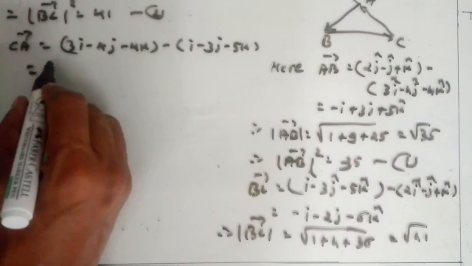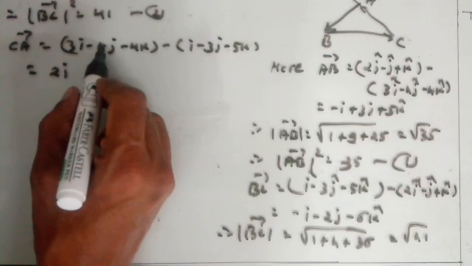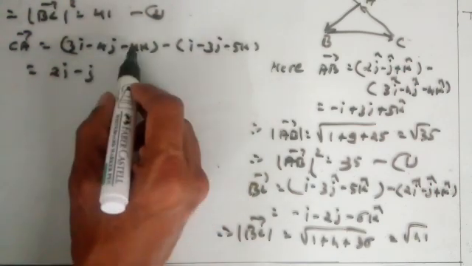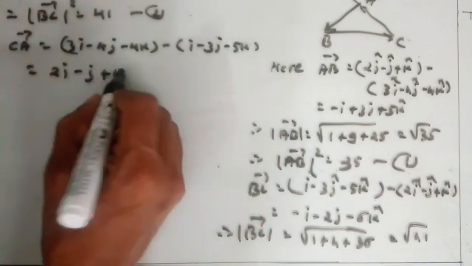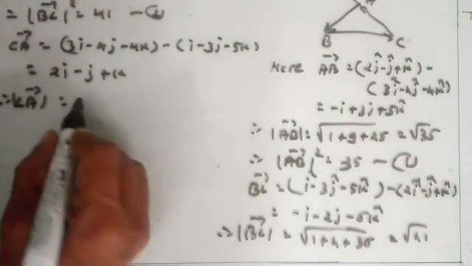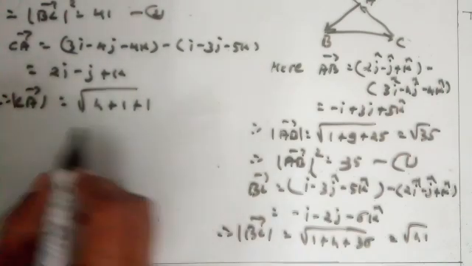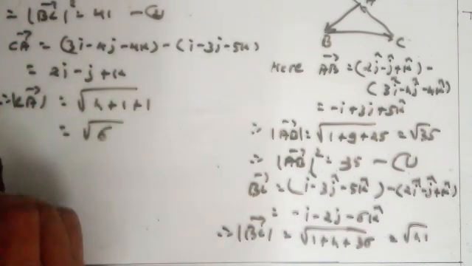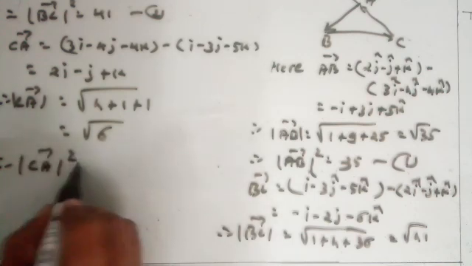So this is equal to 3i minus i becomes 2i, minus 4j plus 3j becomes minus j, minus 4k plus 5k becomes plus k. Therefore the magnitude of CA is equal to root of 2 square is 4 plus 1 square is 1 plus 1 square is 1, which is root of 6. Clear? Therefore CA square is equal to 6.